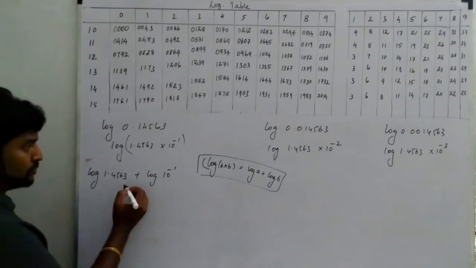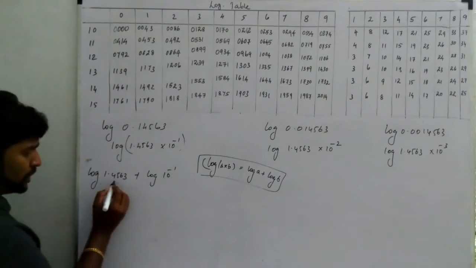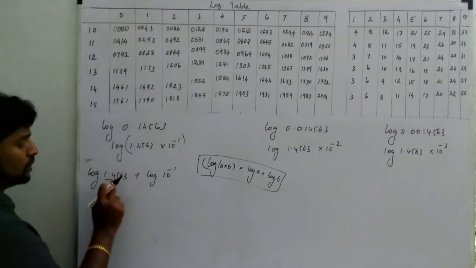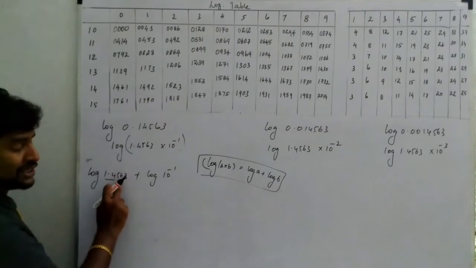Now we have to take the log value of 14. In the log table, take the 14 row, 5th column, and the 6th column for the mean difference.